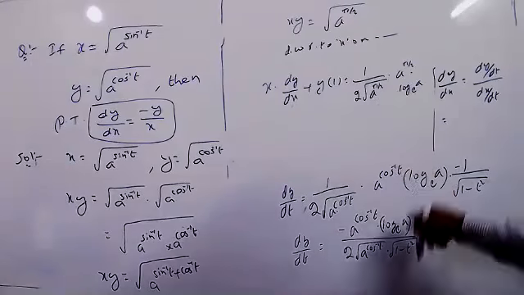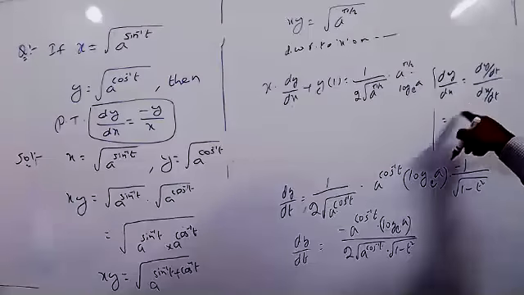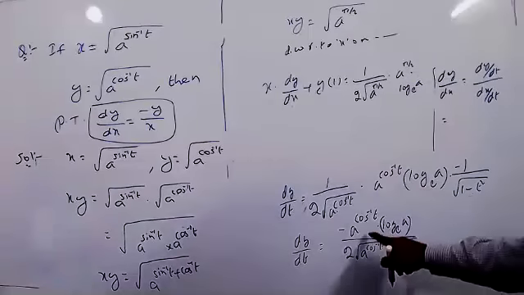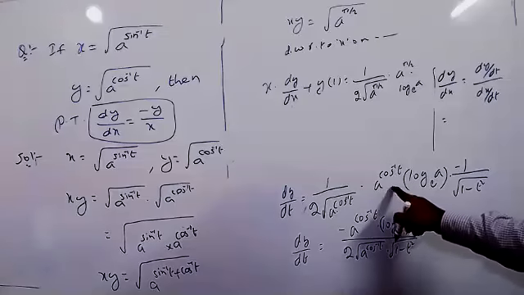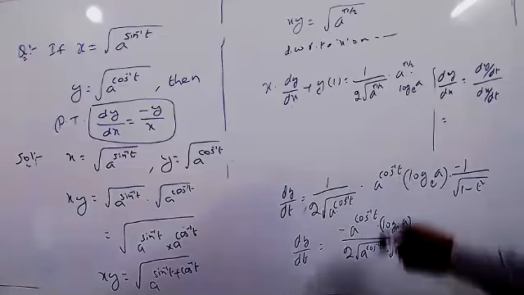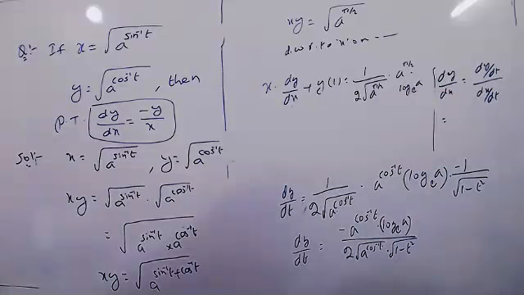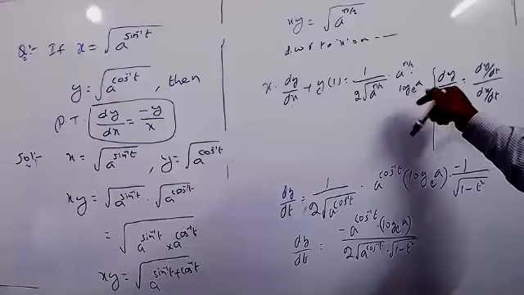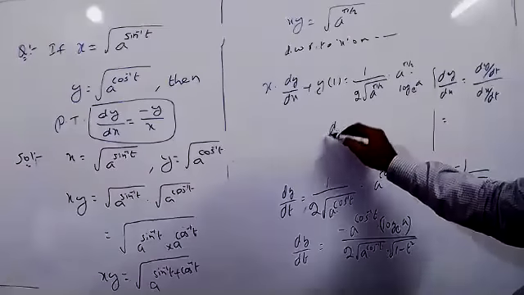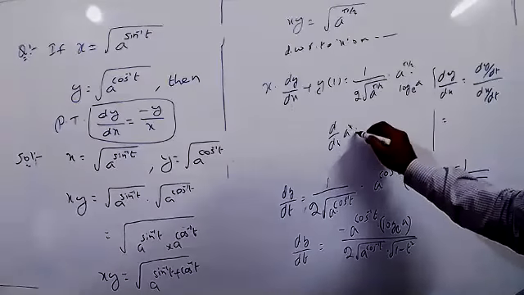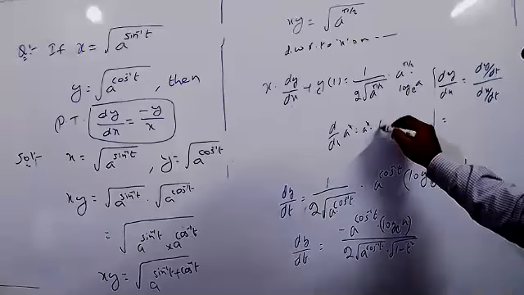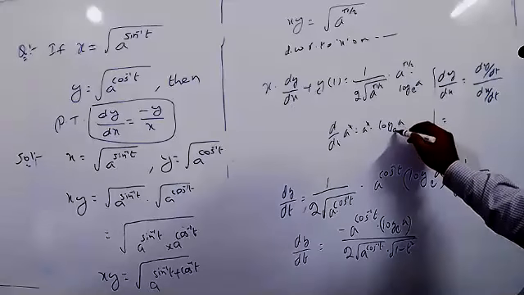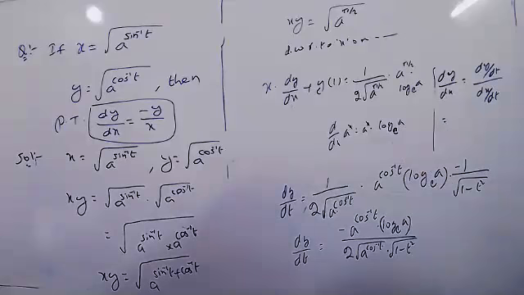See, in the previous problem also we got the same thing. Sir, is it a power pi by 2 to the base log e a, sir? No. This is a power, only a. Actually, the differentiation d by dx of a power x equals a power x into log a base e, but here it will be 0, because a power pi by 2 is constant.